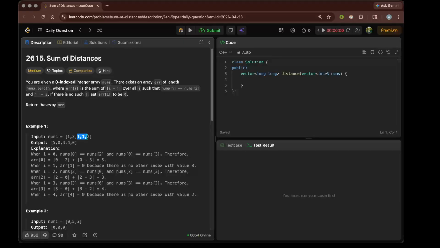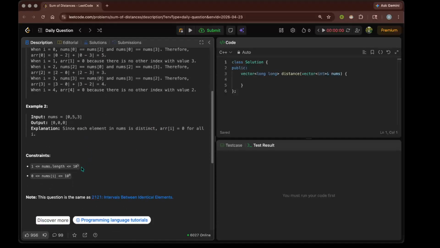For 1, that is the second index, with 2, how much distance? No, it's 1, 3. Similarly, for 3, it would be 3 plus 1, 4. And the rest is fairly simple.